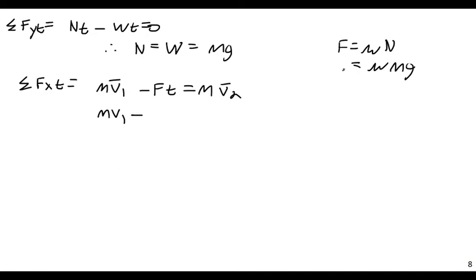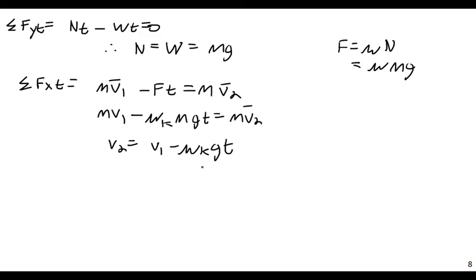So minus mu kinetic, the coefficient of kinetic friction, times m times g times t is going to be equal to mv2. And this tells me then that v2 is equal to v1 minus mu kinetic g t. Mu kinetic times the acceleration due to gravity times time.